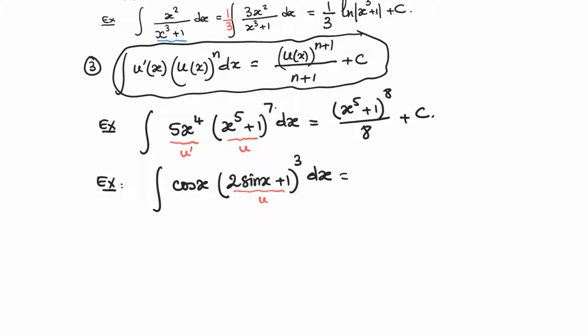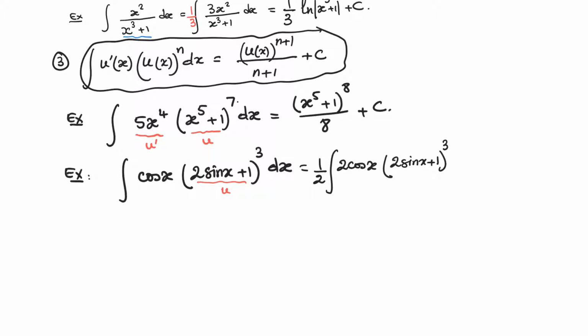So what we will do here is, again, we will multiply by 2 and divide by 2. So half, 2 cosine x, 2 sine x plus 1 to the power of 3 dx. Now, the derivative of this is exactly this.